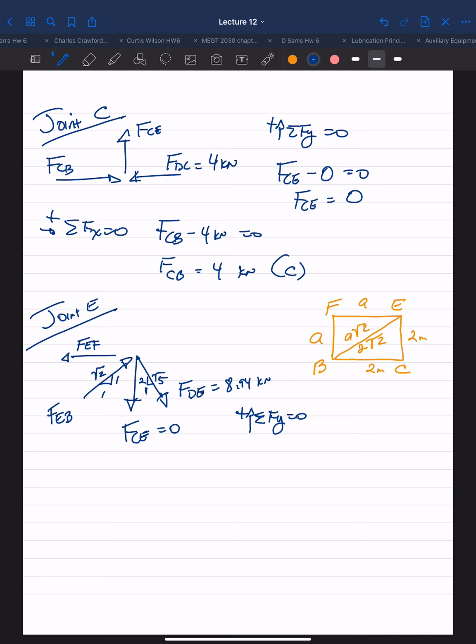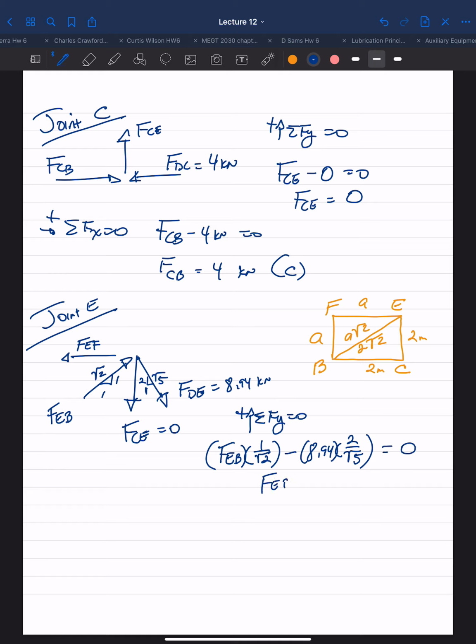So sum of forces in the y direction, we have FEB times the y component, which is 1 over the square root of 2, minus FDE, which we know, and the y component will be 2 over the square root of 5, minus FCE, which is 0, so we don't have to worry about that, equals 0.